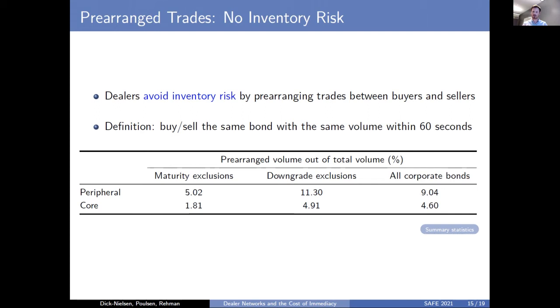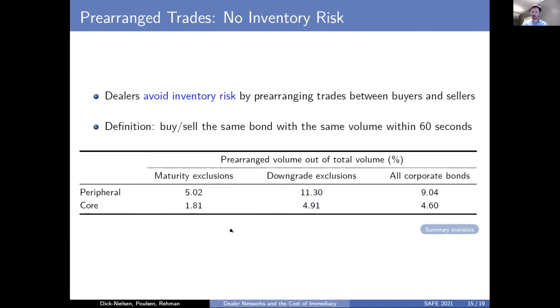When we then look at the prearranged volume out of the dealer's total volume, we find that peripheral dealers are prearranging a lot more trades than the core dealers are doing. So this means that peripheral dealers are more averse to inventory risk, or conversely, that core dealers are more willing to use their inventories to supply this immediacy around exclusion.